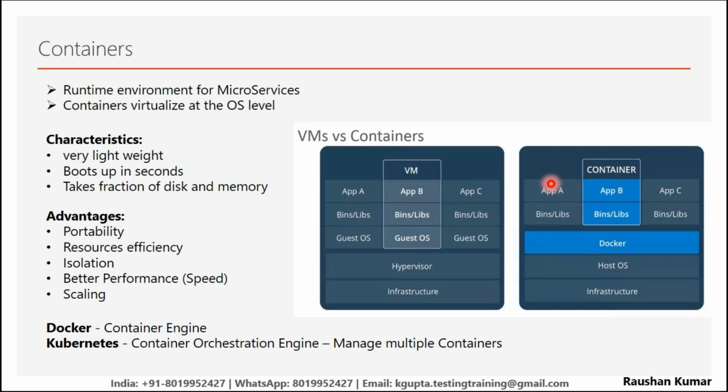Your business layer, your data layer, application layer, all these things, you don't need to install the guest OS separately, because containers virtualize at the OS level. It uses the kernel of this host OS, and that's the reason we don't need to install a separate OS here.